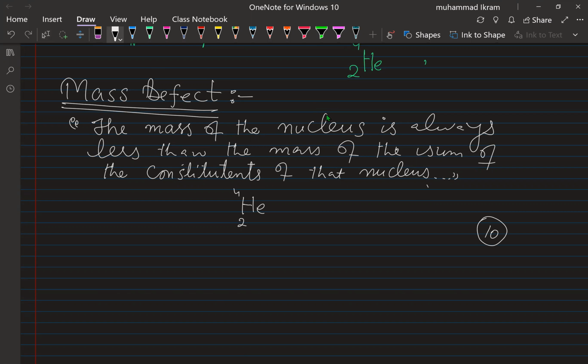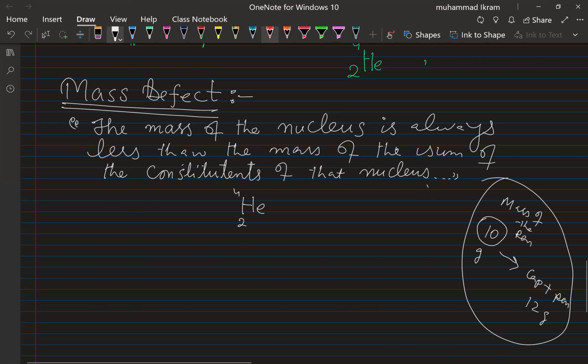If I remove the pen from my pocket and uncap the pen, then cap plus the rest of the pen, when I add them together, comes to 12 gram, while before it was 10 gram. No one is going to believe this, as it is against the law of conservation of mass.